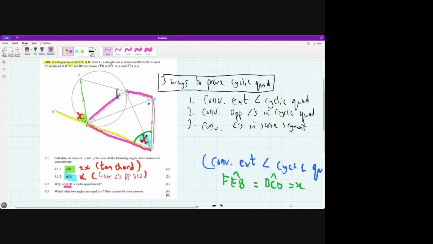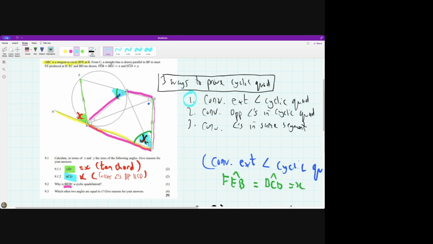I want to point out, can you see over here that this thing is an X? That thing over there is an X, and earlier on we proved that that was X. So we have to use converse exterior angle cyclic quad.